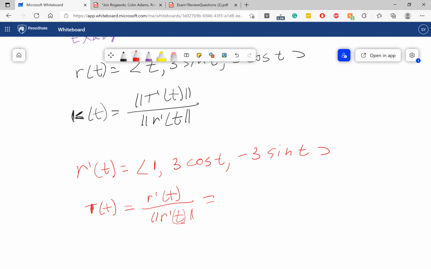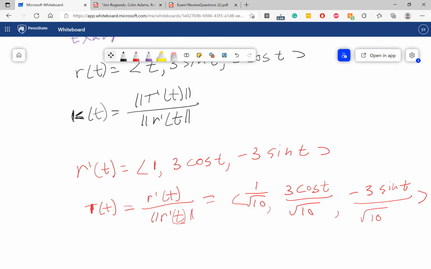So the magnitude of r prime of t is the square root of 10. So this is going to be 1 over the square root of 10, 3 cosine of t over the square root of 10, and -3 sine of t over the square root of 10. Any questions so far? So this tells us what T of t is.